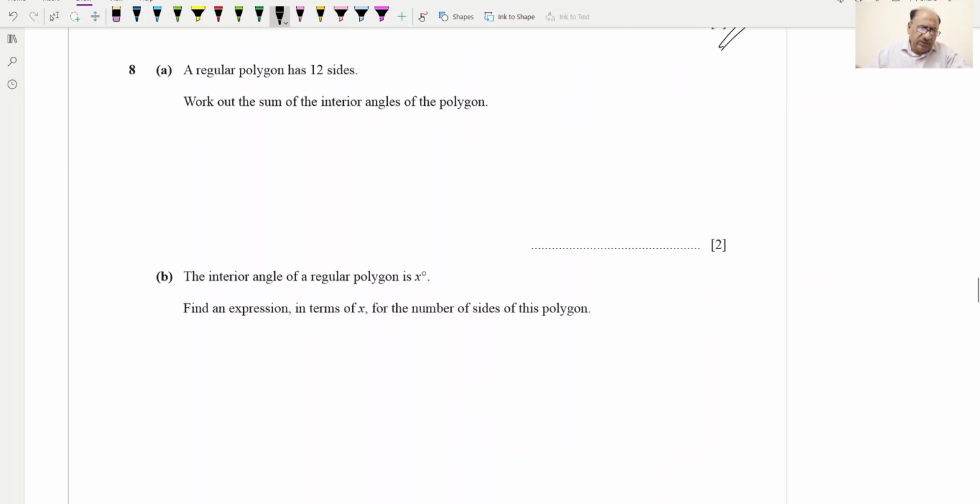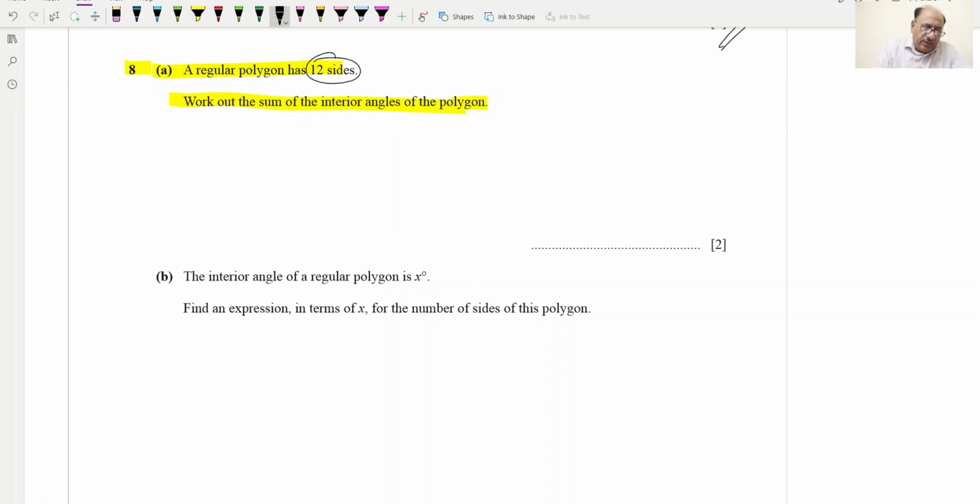Now question number 8, a regular polygon has 12 sides. Work out the sum of the interior angles of the polygon. So interior angles of the polygon we need to find. 360, we know that the regular polygon has 12 sides.